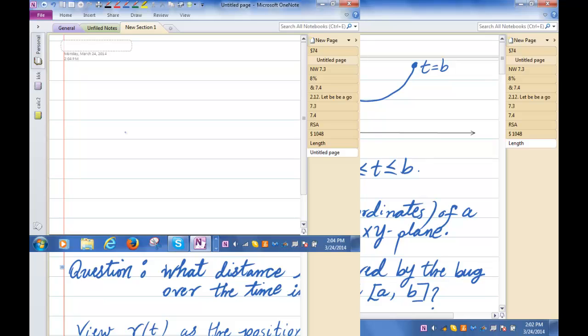But the topic is different this time. The topic today is arc length.